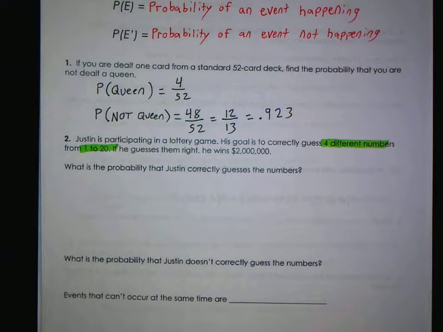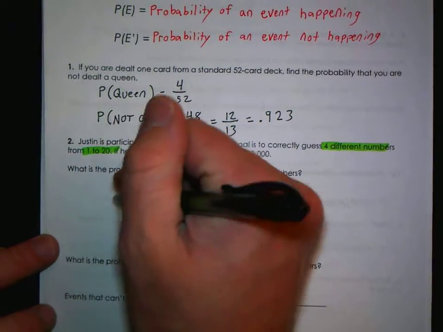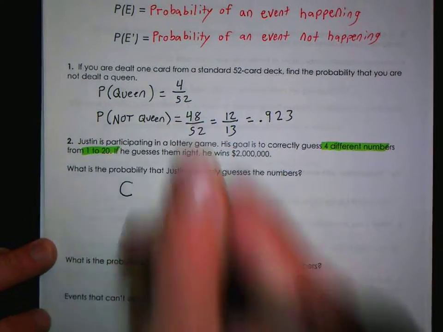So we have 2 functions. We have permutation and combination. So if order doesn't matter, this would be a combination.